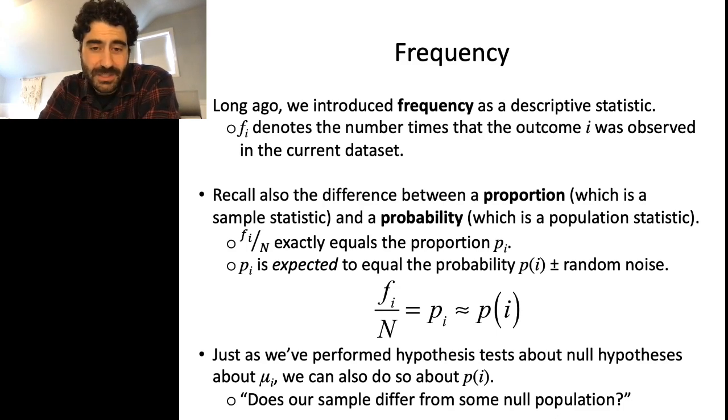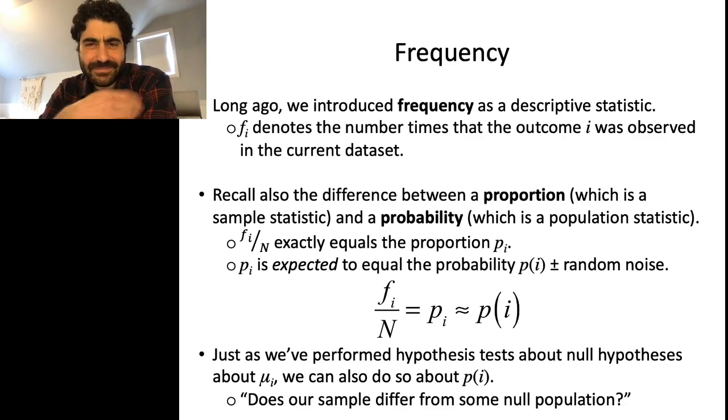And yes, there's a question in chat that a proportion is like a probability in a sample, which is right. Proportions are a descriptive statistic we can measure that allows us to approximate these probabilities. Part of the reason we try to use different words here for the descriptive thing and the population thing is that the probabilities are often going to come out of some kind of math.